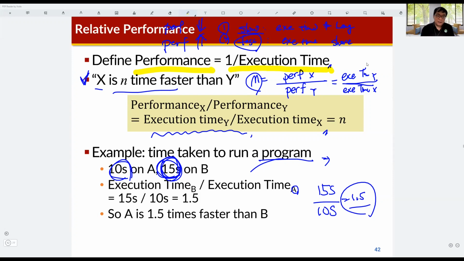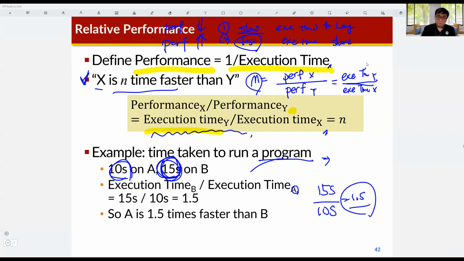Okay, and then if we say computer system X is n times faster than Y, that means we are comparing the performance of two computer systems. So we can use the equation like this: performance X divided by performance Y, and by the definition we can use the execution time.